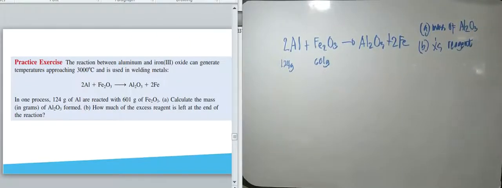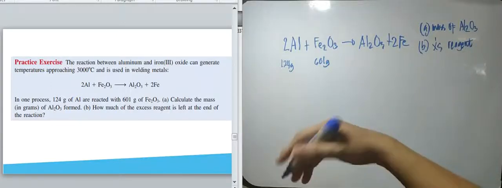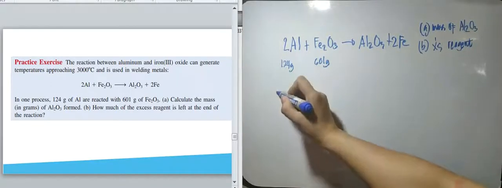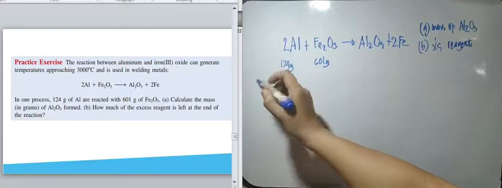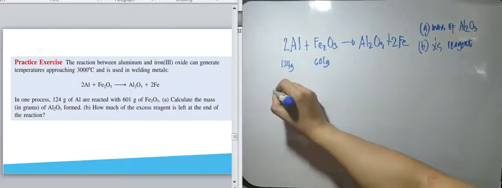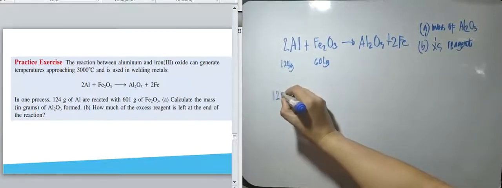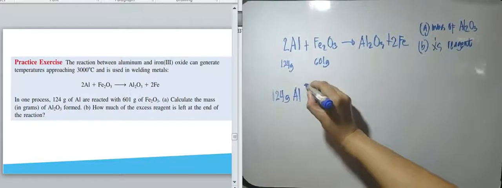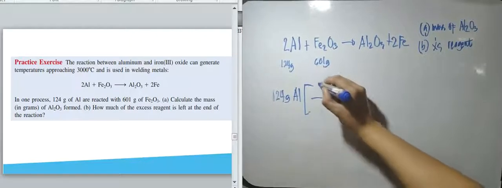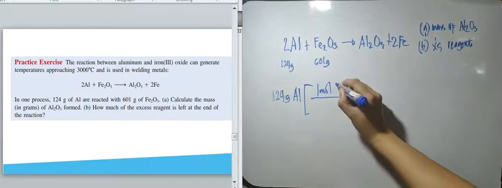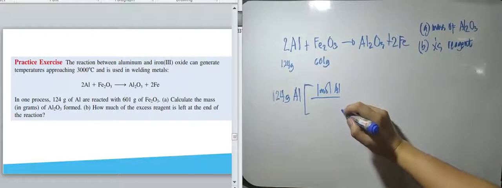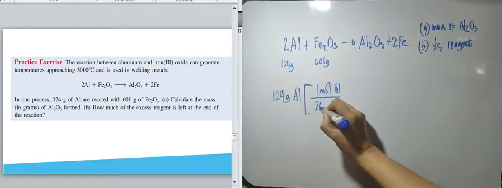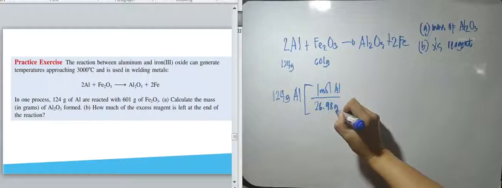Okay. First, we will identify which reactant is the limiting reagent. We'll start with 124 grams Al. In 1 mole of Al, we have 26.98 grams Al.